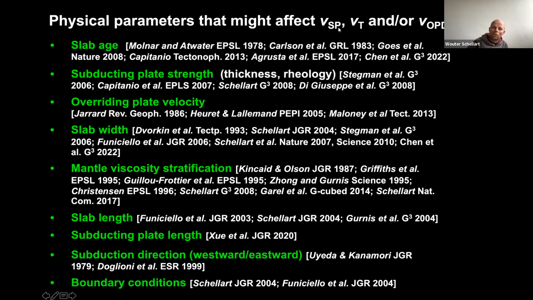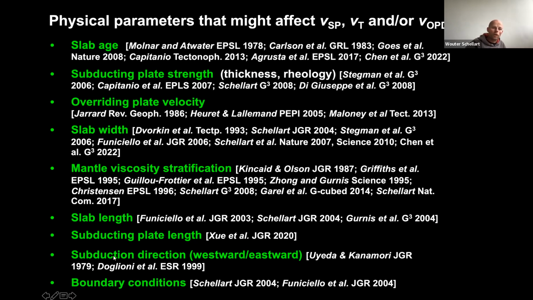The subducting plate velocity, the trench velocity, and the overriding plate deformation rate, and what might explain their variability. Variability along different subduction zones and also between different subduction zones.